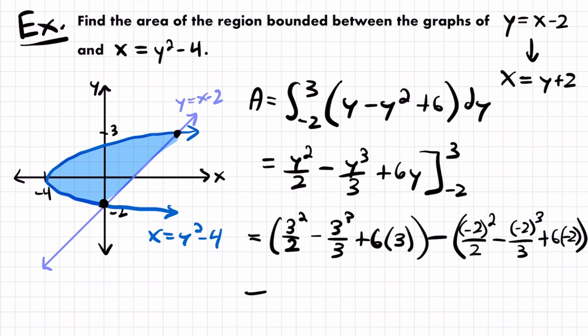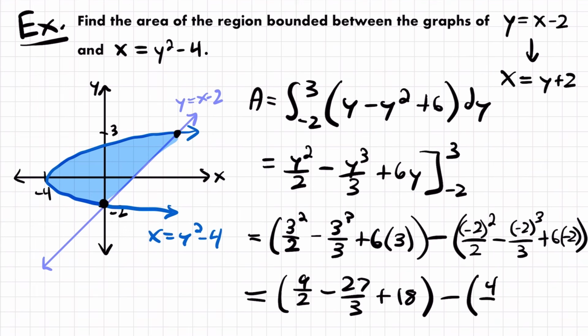All right, and that will be equal to 9 divided by 2 minus 27 divided by 3 plus 18 minus 4 divided by 2 minus -8 divided by 3, right? -2 cubed will be -8, minus 12. And that is because 6 times -2 is -12.